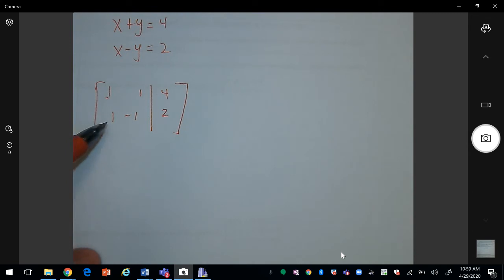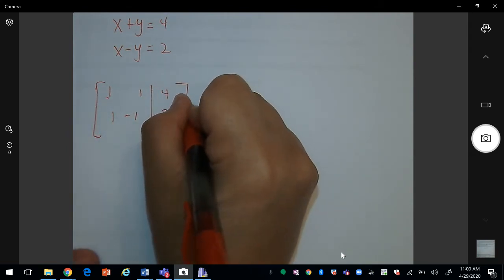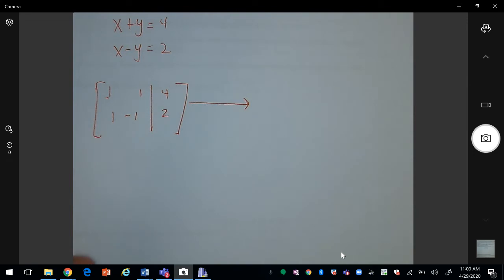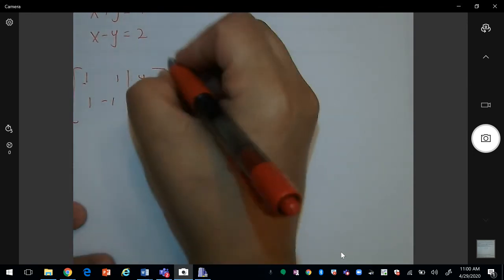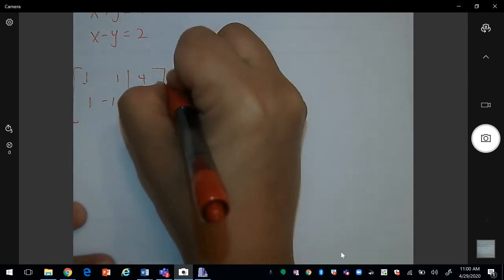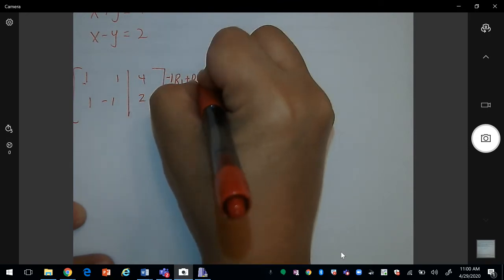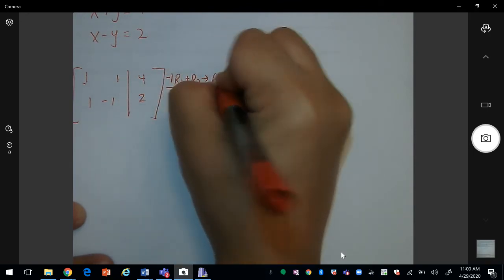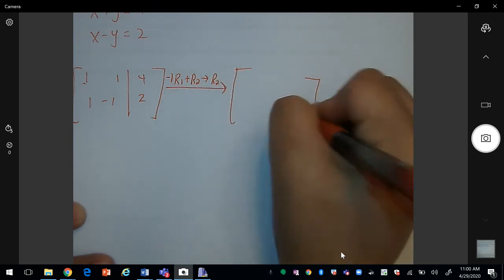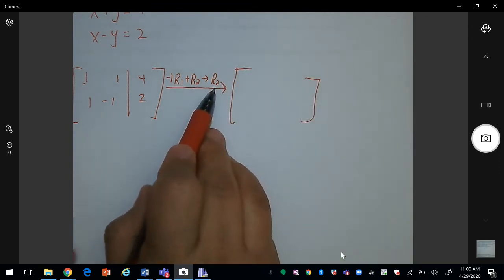Okay, so in order to make this a 0, I need to make sure that when I add the two rows, it's going to be a 0. So what we can do is we can multiply row 1 by a -1 added to row 2, and then place our results in row 2. Here, what we're changing is row 2.